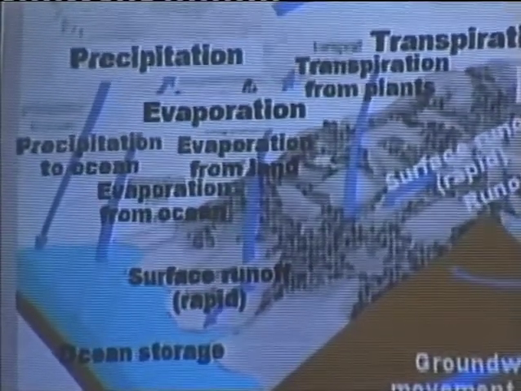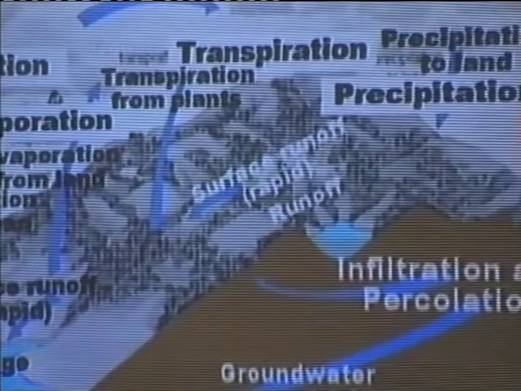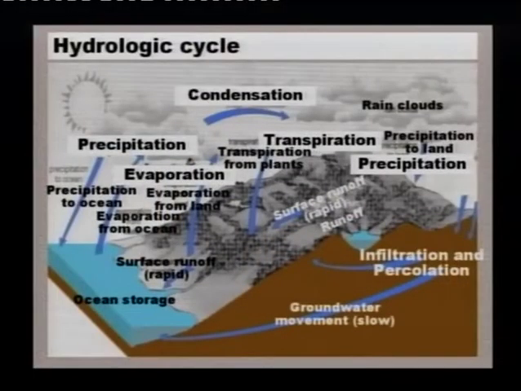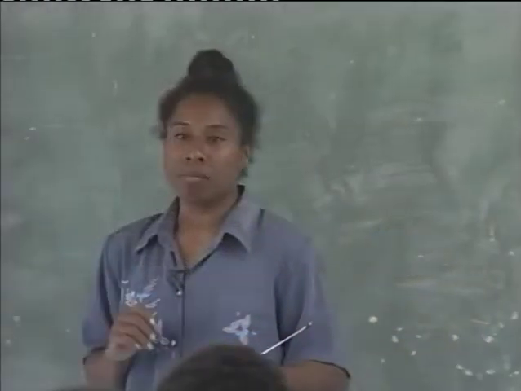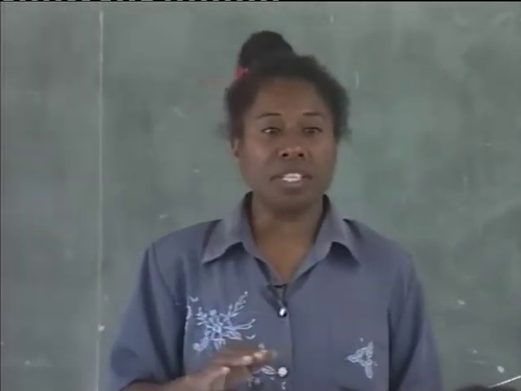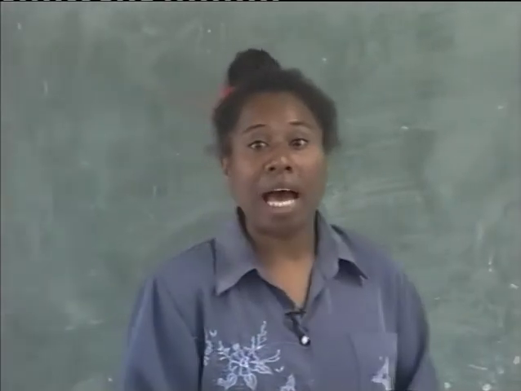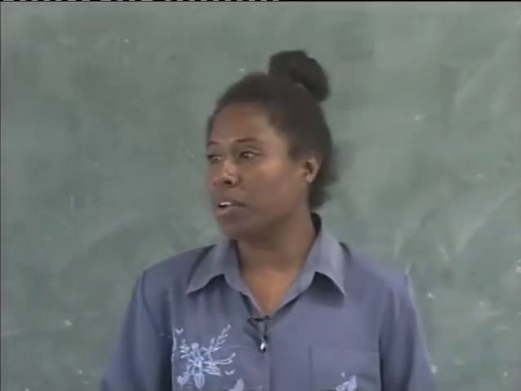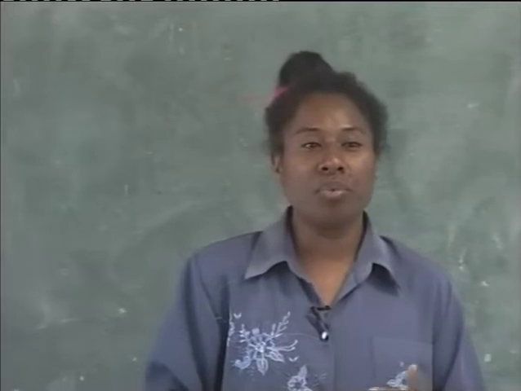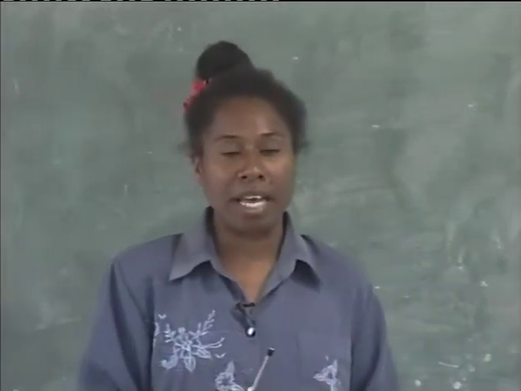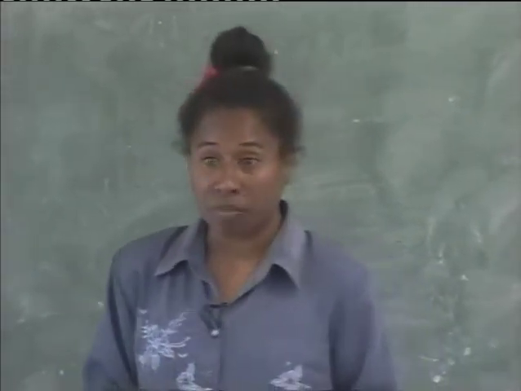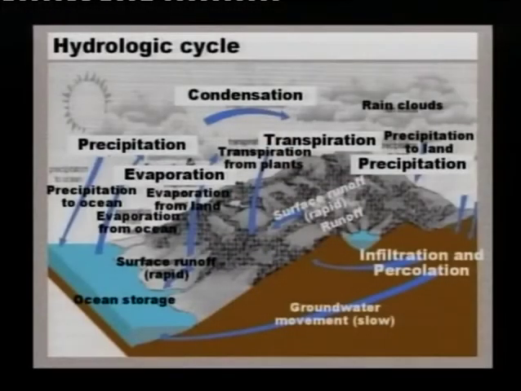Note also that evaporation does not only take place from the sea or the water, it can also take place from the land and the plants and the animals. The different surfaces that evaporation takes place from are called albedos. So when we talk about albedo we are referring to the different surfaces from which evaporation actually takes place. Evaporation takes place from the water, from the land, plants or vegetation, animals, etc.